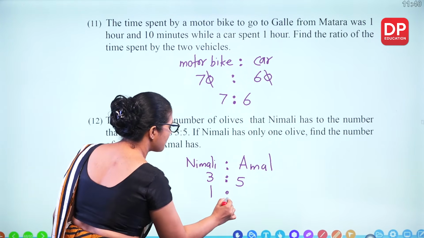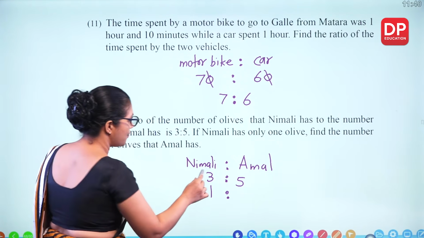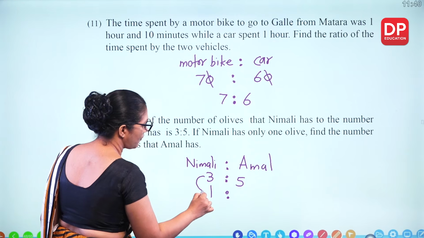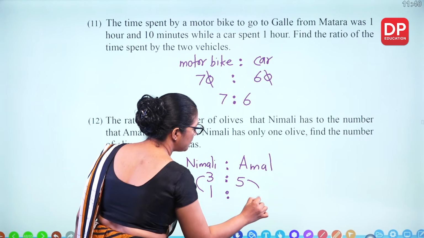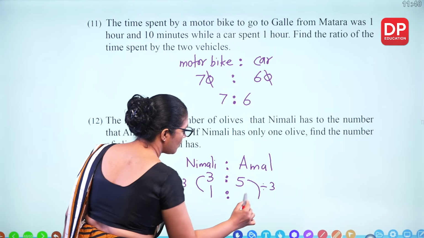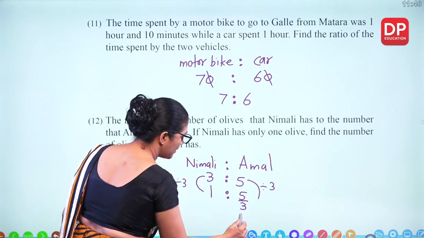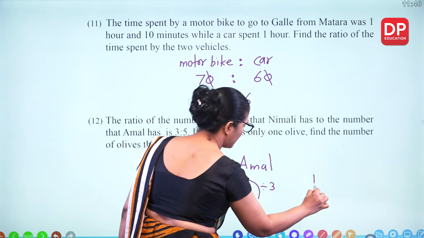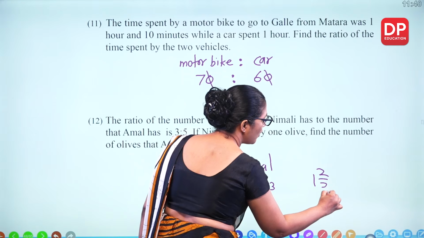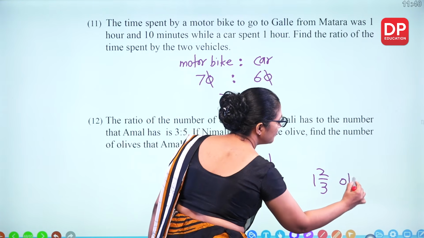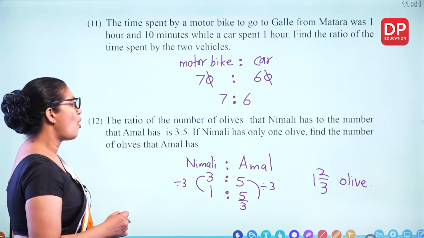So 3 becomes 1. Divide by 3. So 5 divided by 3, you get 5 over 3. So 1 and 2/3 of an olive. 1 olive and 2/3 of another olive.